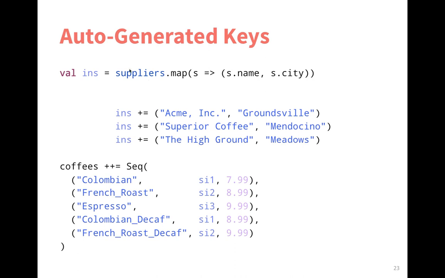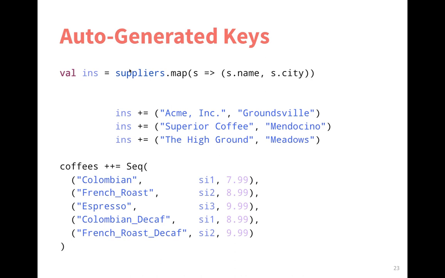What you could do even with Scala collections is something like this. You write val ins equals suppliers.map from s to tuple of s.name and s.city. So you write a projection. If you do that with Scala collections, you will get a completely new collection, which has the right type to insert just the name and city, but is unrelated otherwise to the original collection.